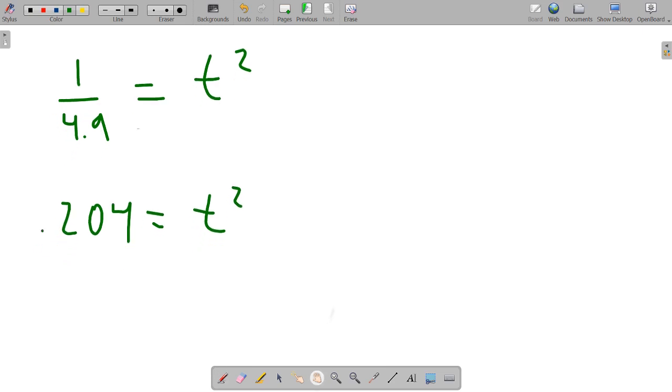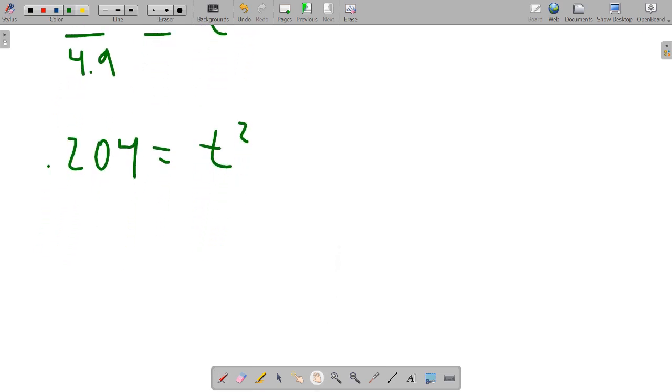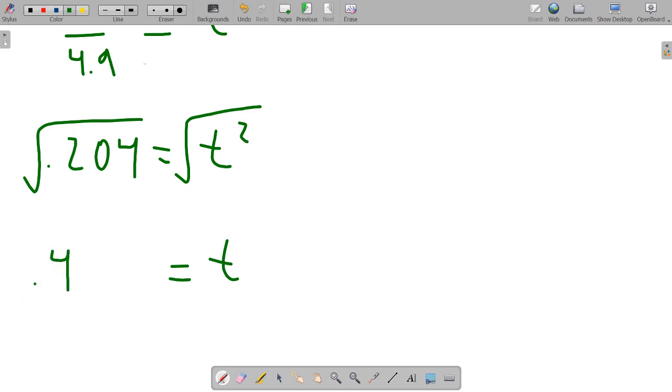Now, to get rid of that squared, you guys know I need to take the square root. Take the square root here, and also take the square root of the other side. So when I do that, I'm just left with t is equal to 0.545 seconds. Okay. So that's the time in free fall in the y direction.